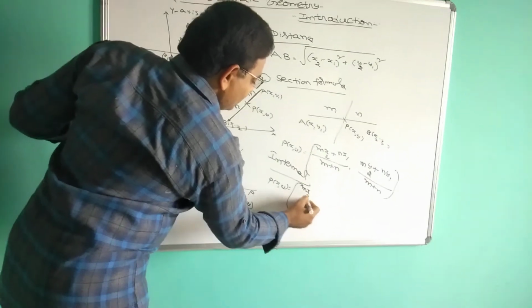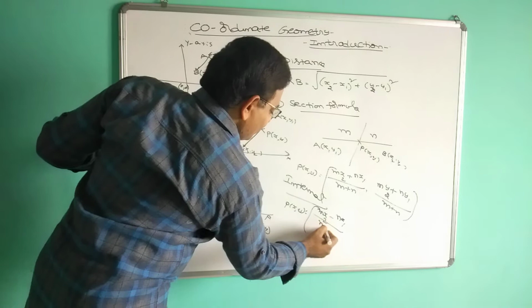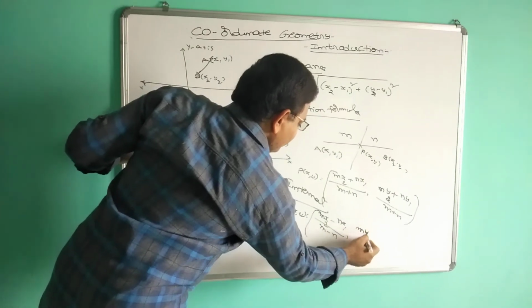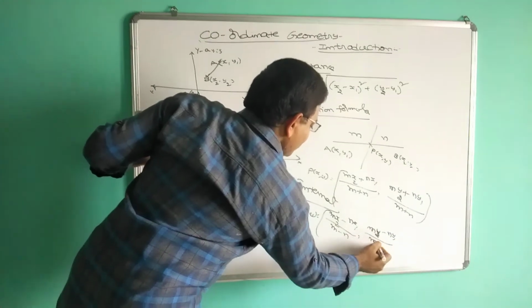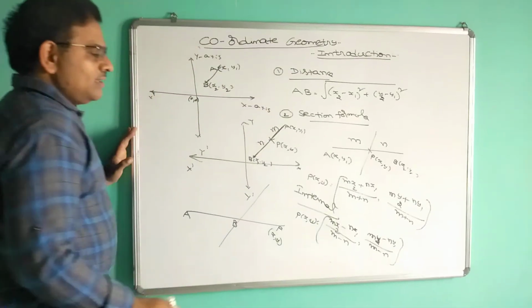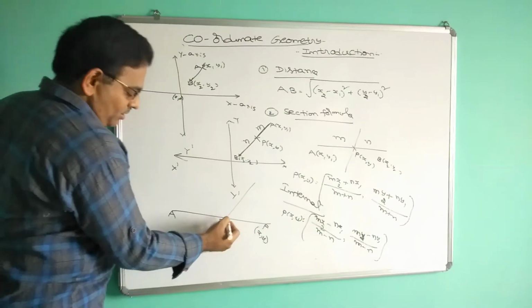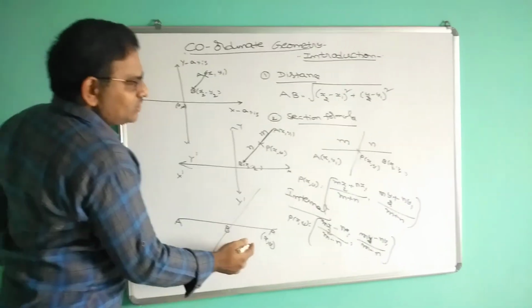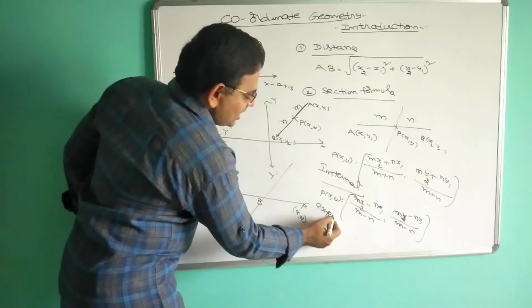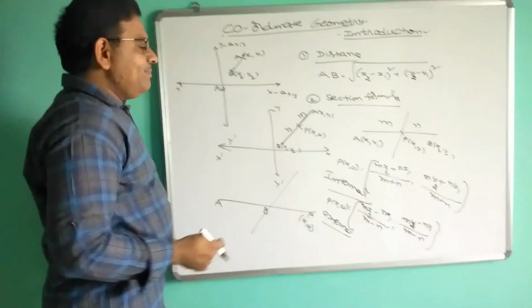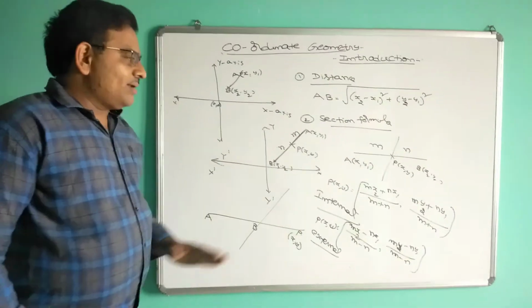Then how to write: by m minus n. Here plus will come, here minus will come. Then this is outside of AB. Now this is called the external formula.